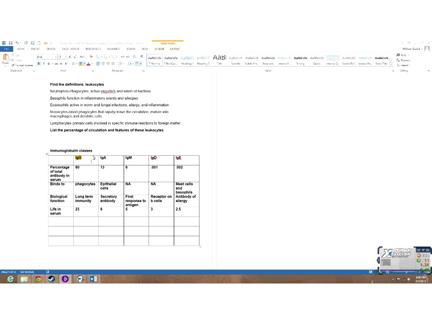No problem. Okay, take a look at the graphs on page 471, Figure 15.13. So, can somebody tell me what's going on in these two graphs here?